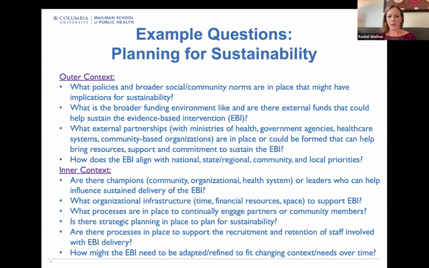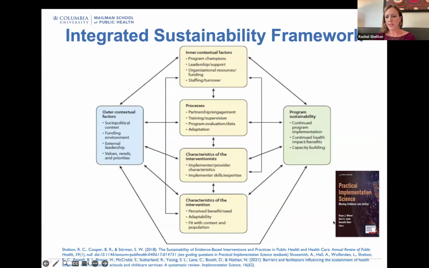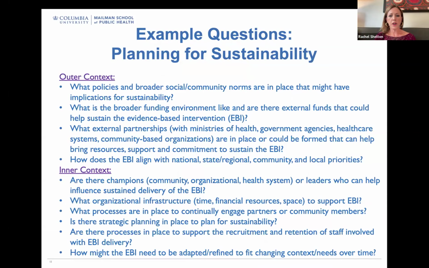We've done that in our own work. We developed a qualitative interview guide that's available in this practical implementation science book, and I'm happy to share the guide and the chapter. At each of these levels, the policy, the organizational, the implementer, we have different questions to ask. What are the policies and broader norms in place that might influence sustainability? What's the broader funding environment like?